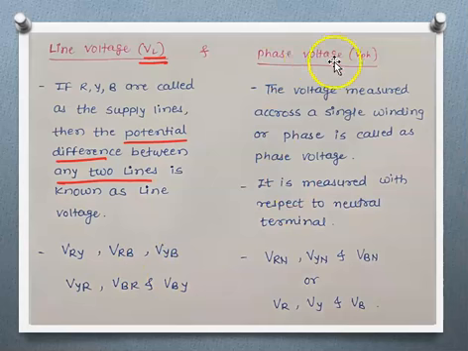Now see what is meant by phase voltage. Phase voltage is denoted by capital V suffix PH. It is the voltage measured across a single winding or phase, and it is measured with respect to the neutral terminal.